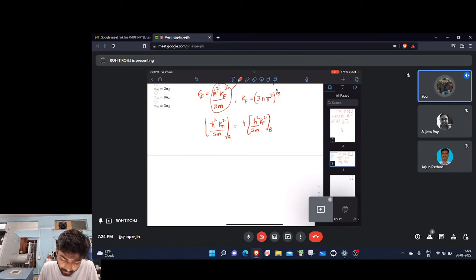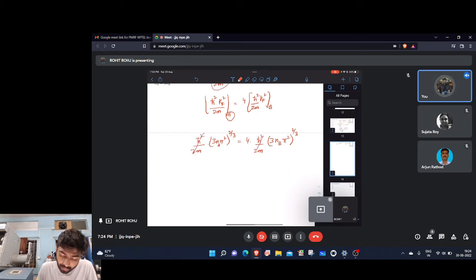And kF can further be replaced by (3n pi square) raised to power 1 by 3. So what I have is h cross square by 2m, kF square would mean (3n pi square) raised to the power 2 by 3, and since I'm talking about metal A, I'll write n with subscript A, is 4 times h cross square by 2m, kF would become (3 nB pi square) raised to the power 2 by 3.